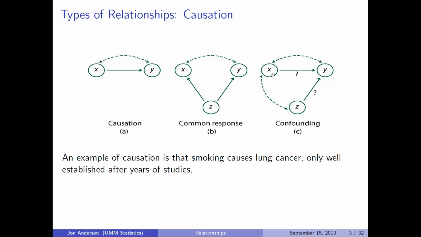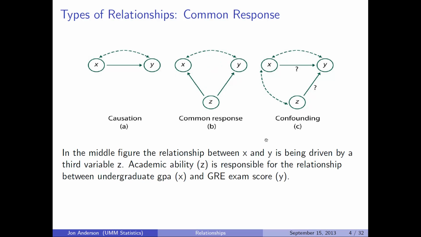Another possibility is that X causes a change in Y, and that a third factor, Z, causes a change in Y. X and Z are correlated with each other from the dashed arrow, and X is correlated with Y from the dashed arrows. It's not clear, though, in this diagram which or how much of the change in Y is due to X and how much is due to Z.